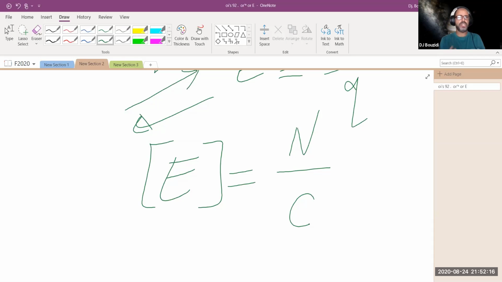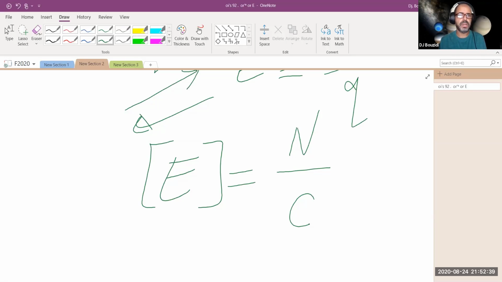Since we introduced the concept of the electric field, and you have never heard it, even if you have seen it in other classes in your calc-based course sequence in college, this is the first time you're introduced to it properly, I would say. It has to be measured.